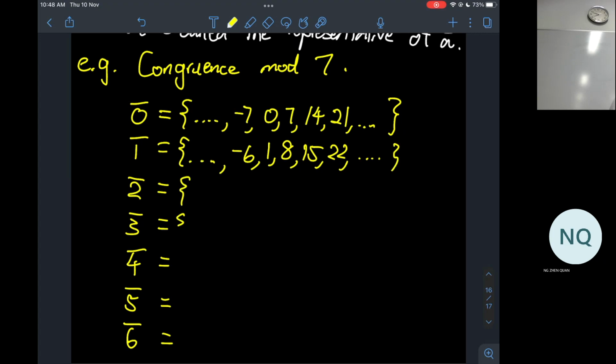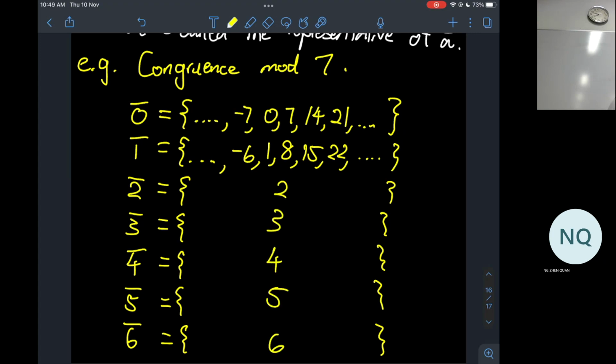And then you can keep going to form the set here. How about the equivalence class of 7 bar? It is 0. So actually they are the same equivalence class.